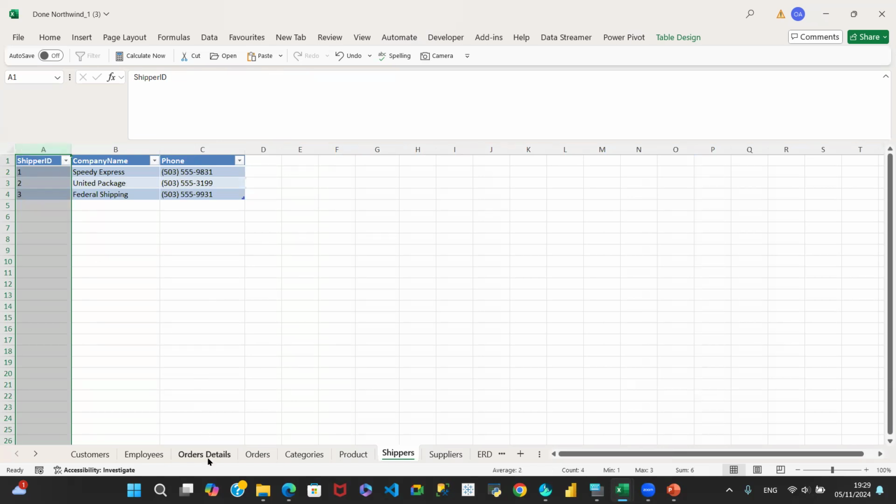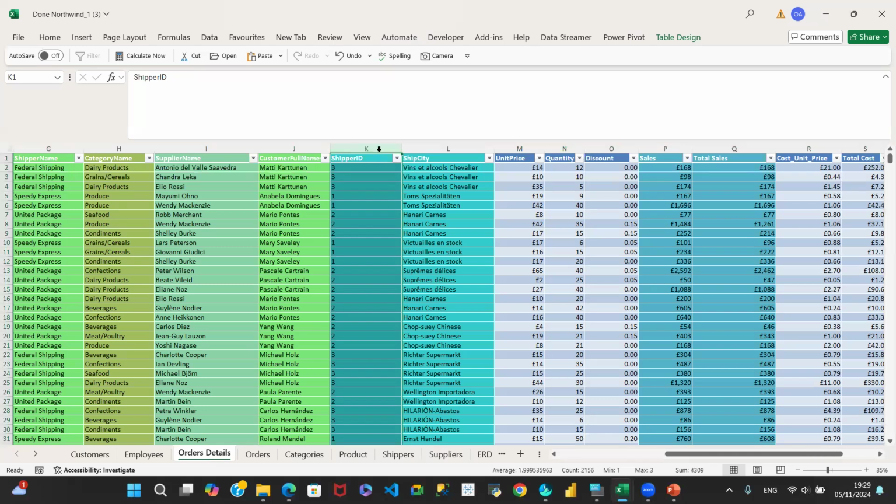But when it gets to other tables, it becomes a secondary key. The same goes for customer ID, and any other ID, maybe employee ID, if we have it, that becomes a foreign key here.